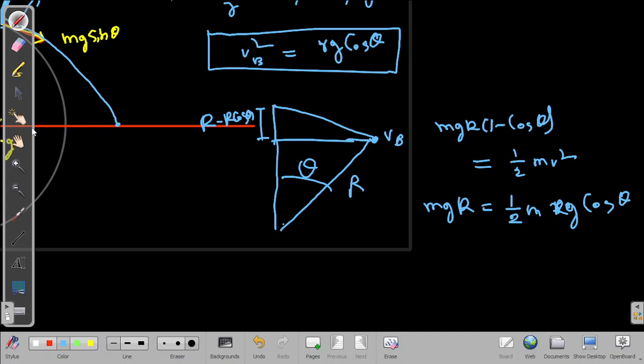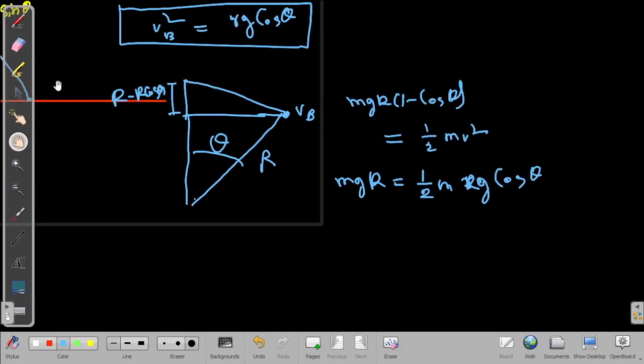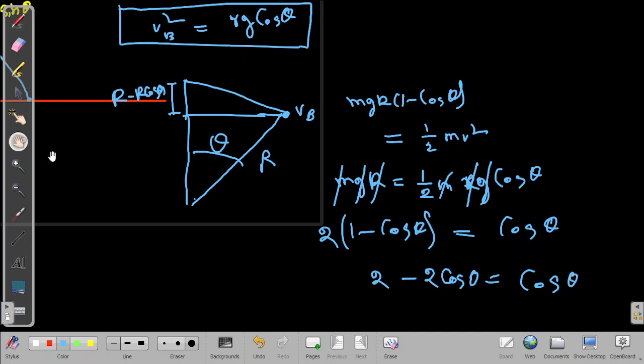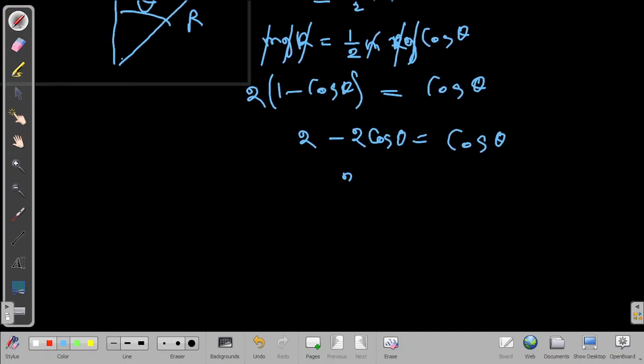We will just see about this later. Now we have g, r, m all cancel. 1 minus cos theta into 2 is equal to cos theta. So 2 minus 2 cos theta is equal to cos theta, or 3 cos theta is equal to 2.